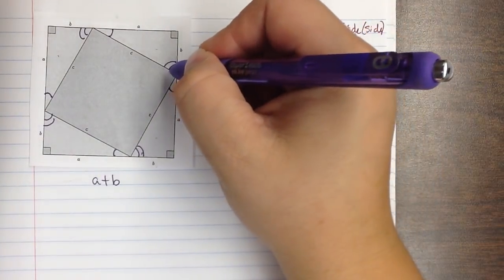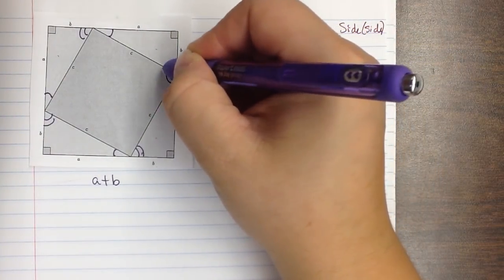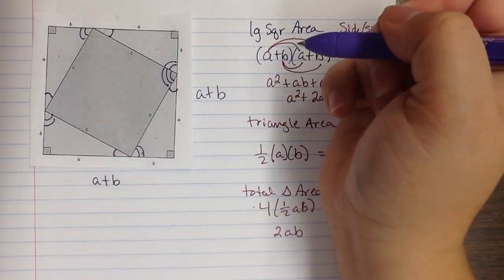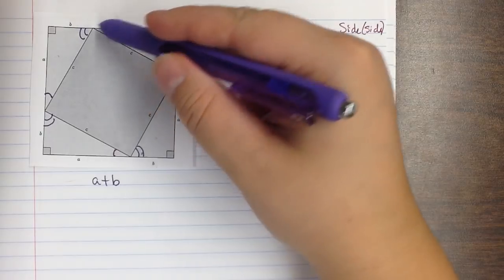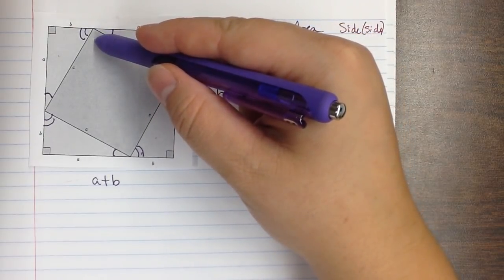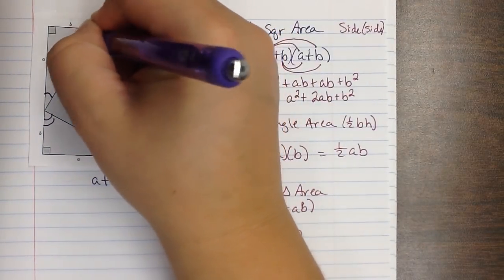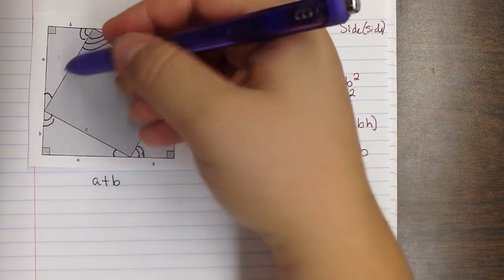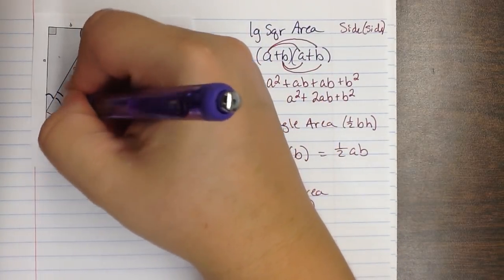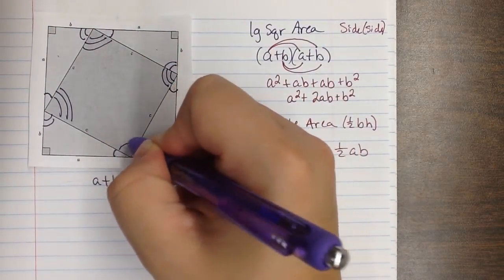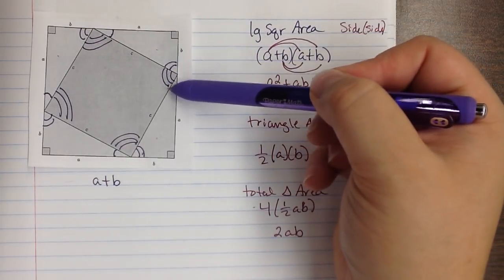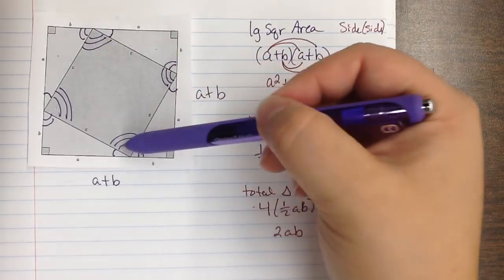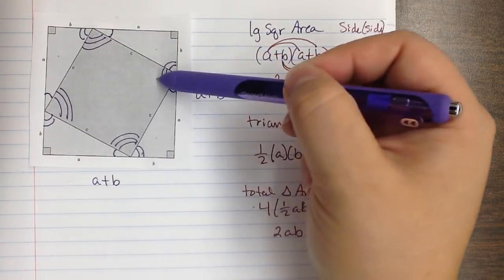So if we put 3 arc marks here, we would get the same thing here. These two added together plus this one have to equal 180. Same thing here, 1, 2, 3. Same thing here, 1, 2, 3. So when you have all the same arc marks, the 3 angles are equal to each other.